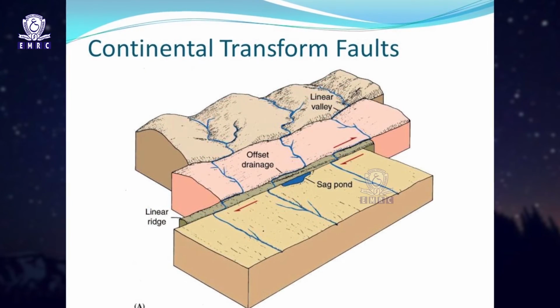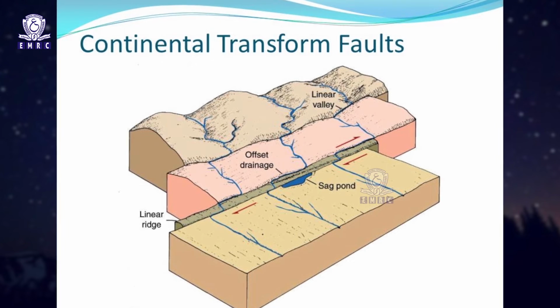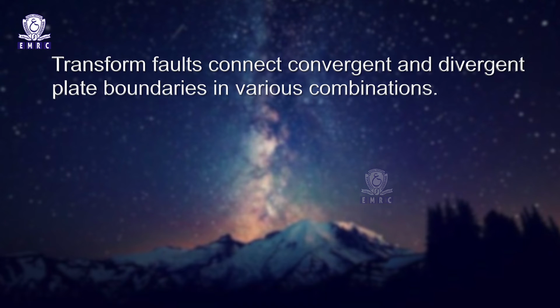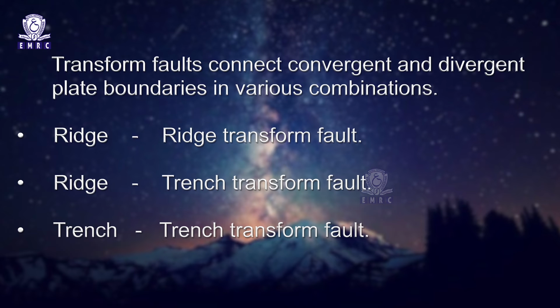Transform faults are roughly located parallel to the direction of plate movement. Transform faults connect convergent and divergent plate boundaries. Various combinations are ridge-transform fault, ridge-trench transform fault and trench-transform faults.